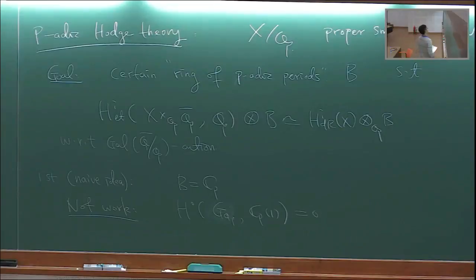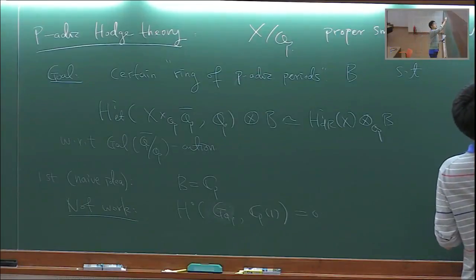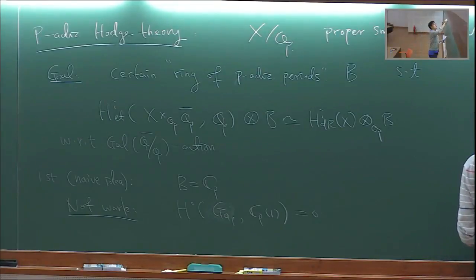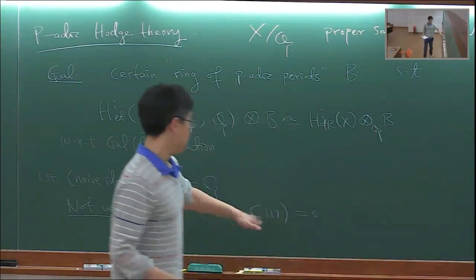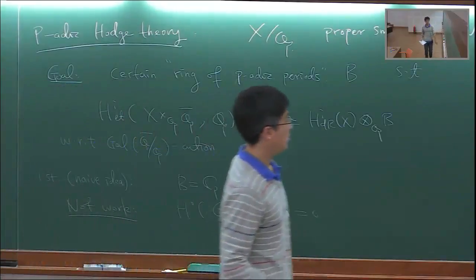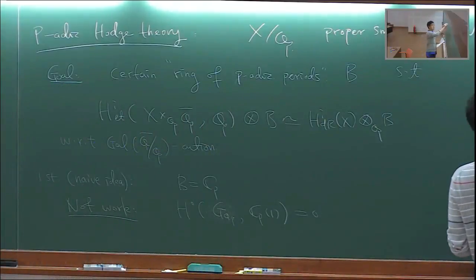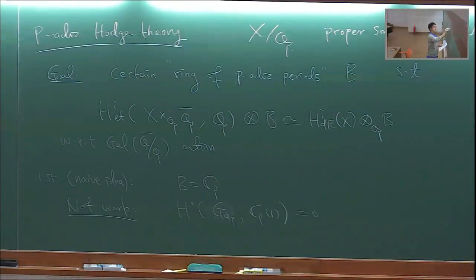Then maybe, I think this is essentially due to Tate. Because this is the obstruction, maybe we just take all of this into account. We define B_Hodge-Tate, which is defined to be the direct sum of C_p(i). So this is a graded ring.